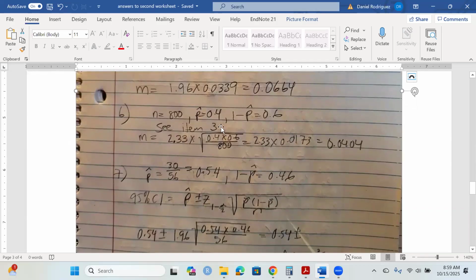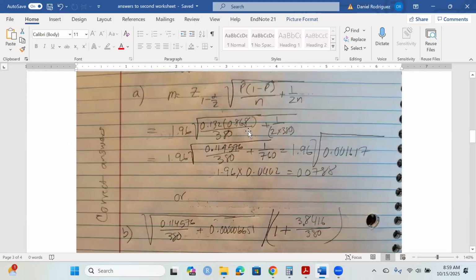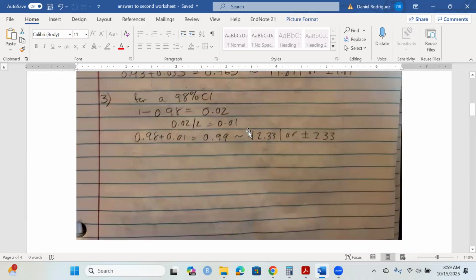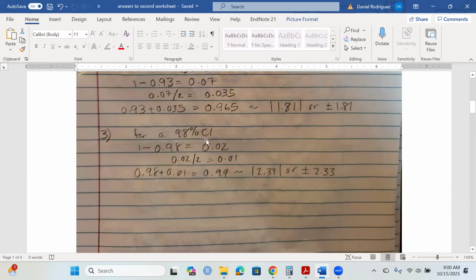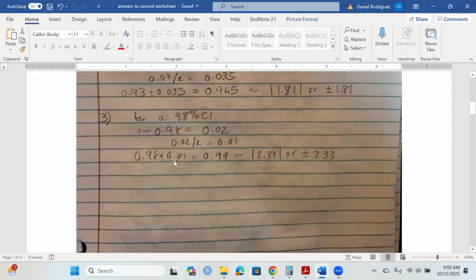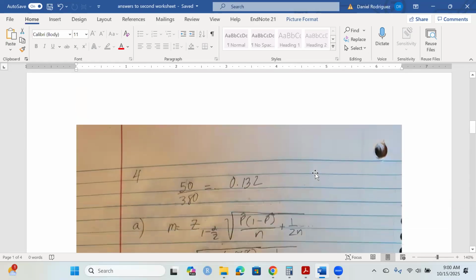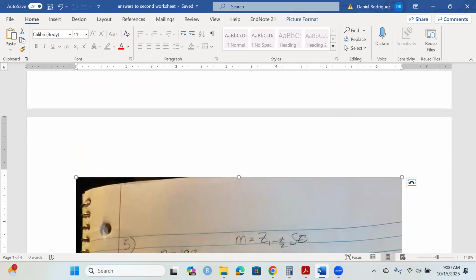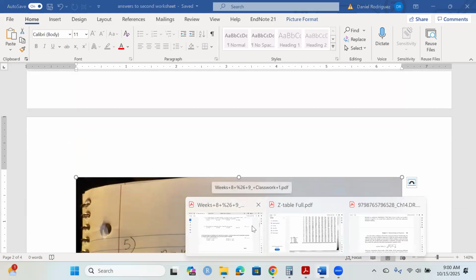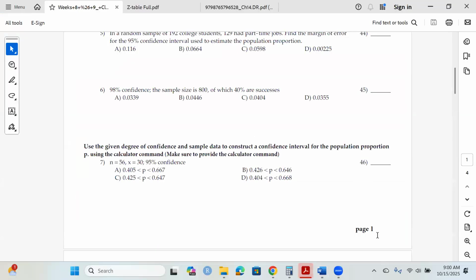See item 3, because we calculated this earlier. So go up to item 3. We calculated the z value for a 98% confidence interval before. Did I do that right? Yes, she wanted 98%.